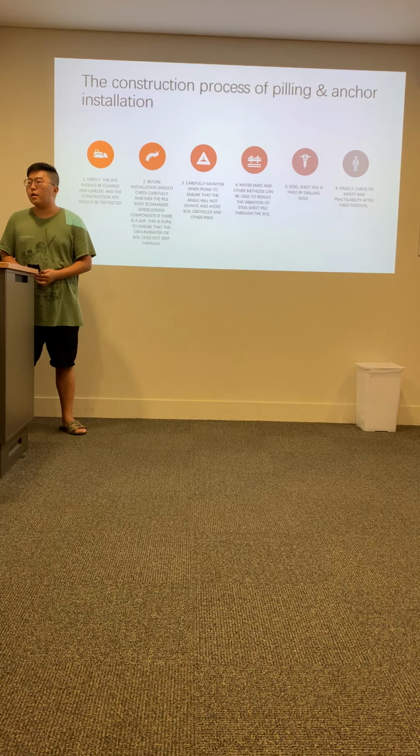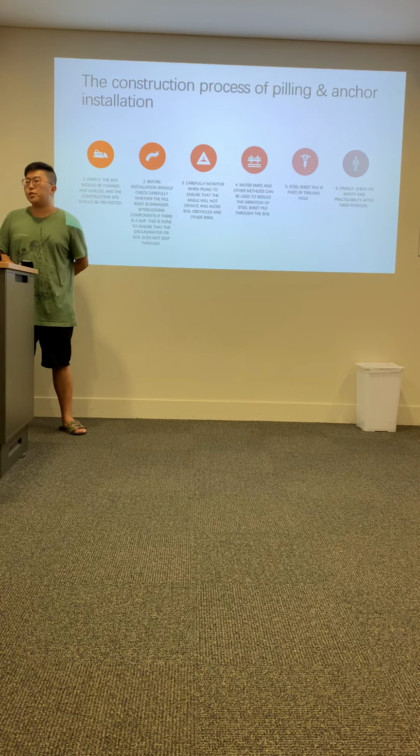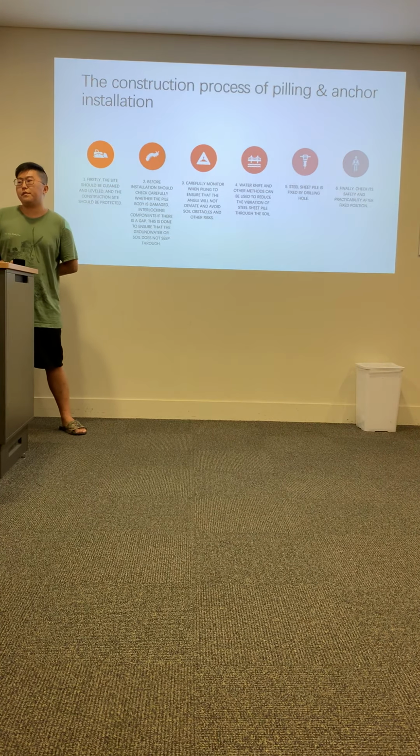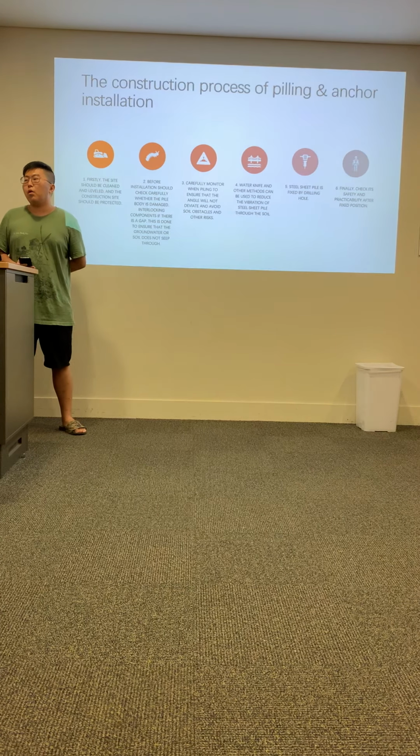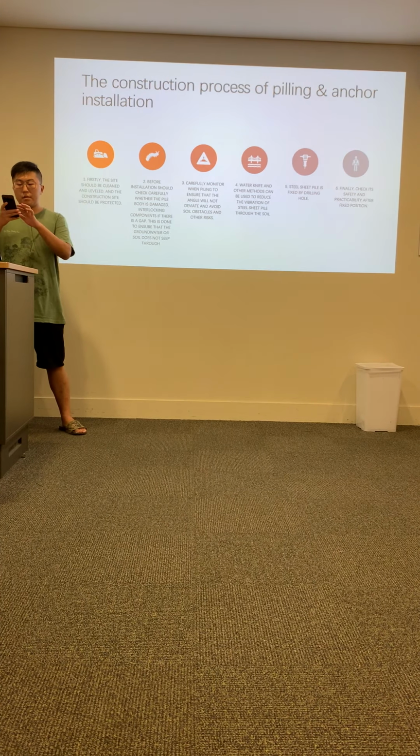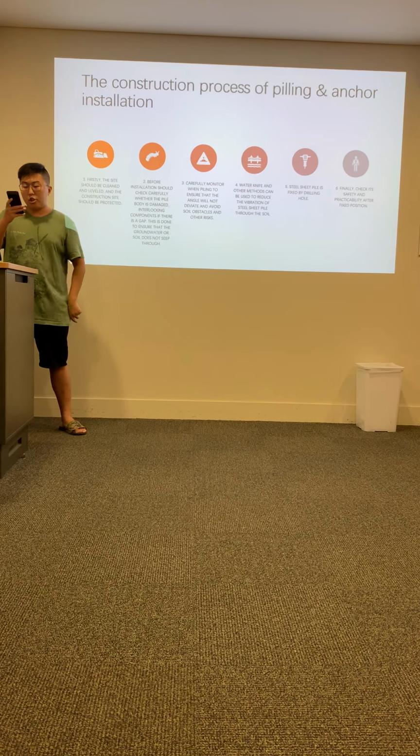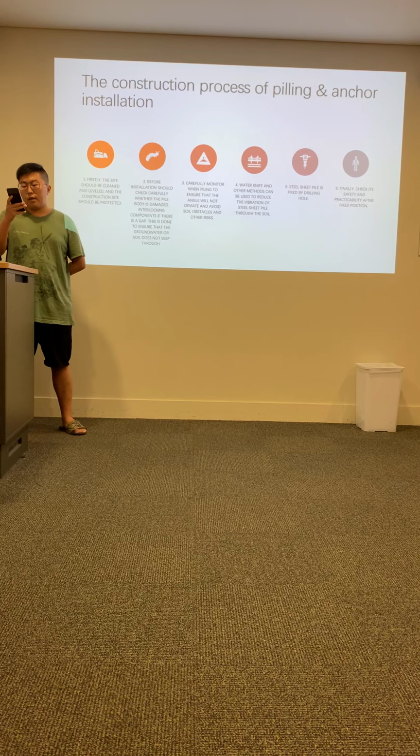Then water jets and other methods can be used to reduce the vibration of steel sheets driven through the soil. The fifth step is the most important. The steel sheet pile is fixed by drilling a hole. After drilling, clean and treat the soil in the hole.